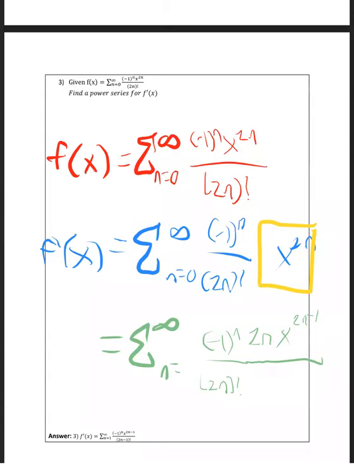Well, look, this is a 2n and this is a 2n factorial. Wouldn't you say those are very similar? Yeah. And how can we rewrite this factorial so that we're just left with a 2n? It's 2n times 2n minus 1, and the next term is 2n minus 2 when you think about it. So that's what it looks like.